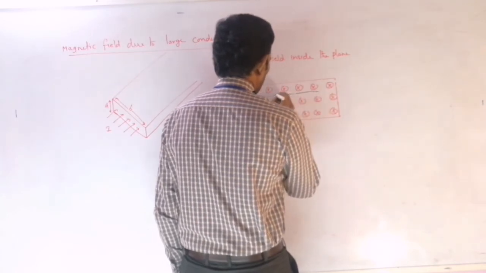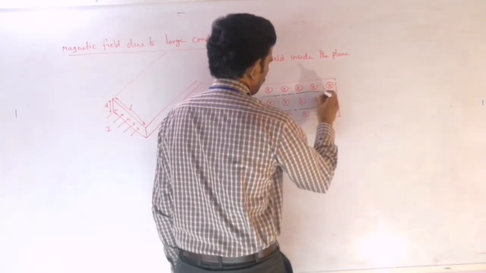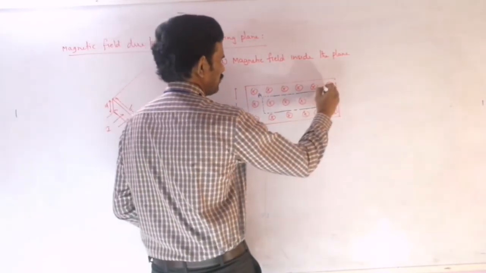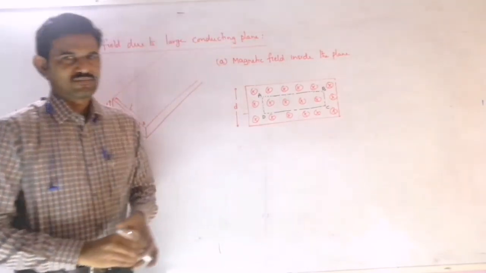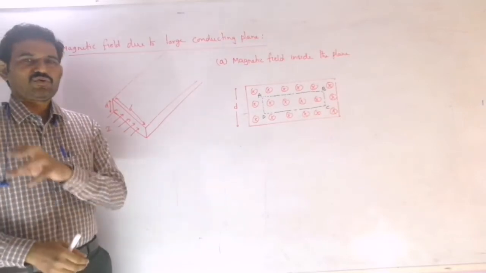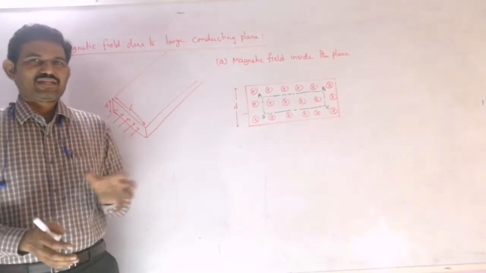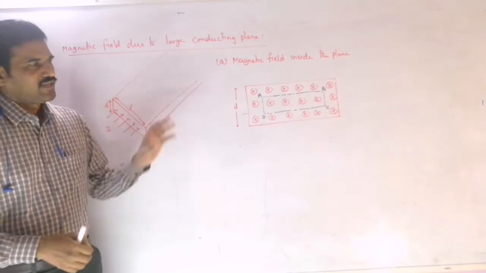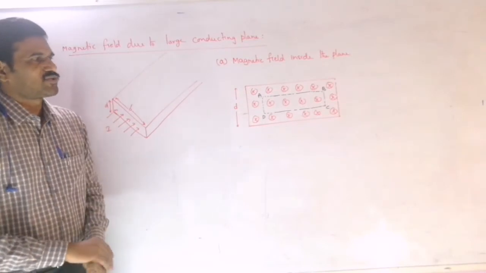I am taking the ampere loop as A, B, C, D. Previously, for the cylindrical conductor, we took the ampere loop in the form of a circle. Here, for plane conductors, we generally assume the ampere loop like this.